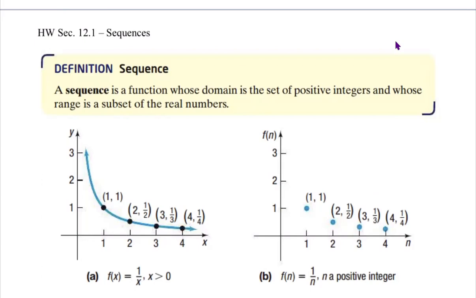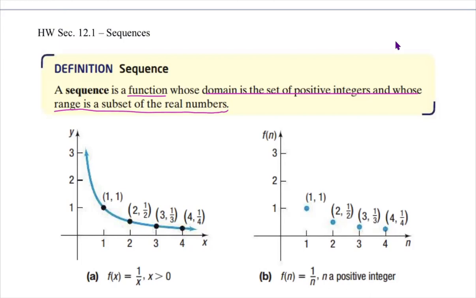So let's go ahead and define what a sequence is. A sequence is a function whose domain is a set of positive integers and whose range is a subset of real numbers.